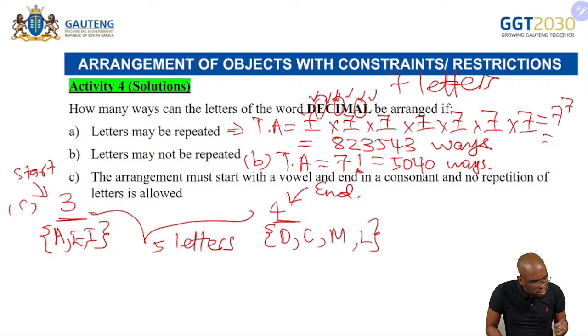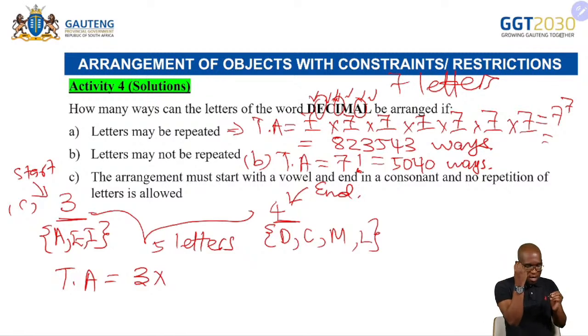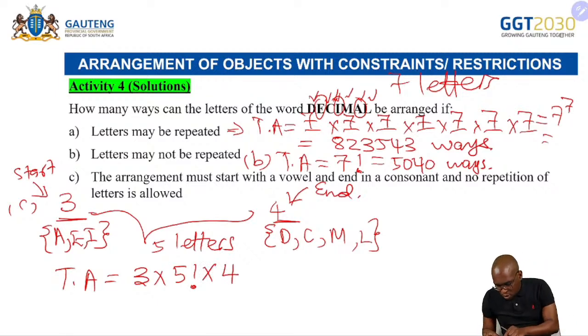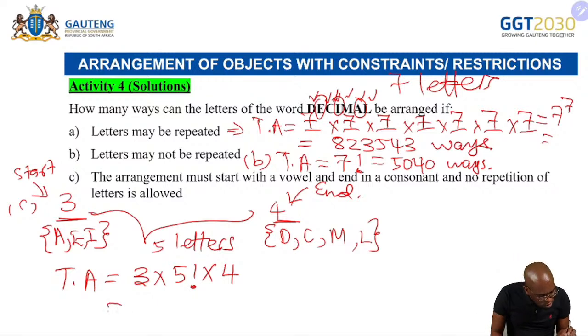To arrange these letters, the total arrangement would be 3 times 5 factorial, because they can interchange positions, times 4 for the consonant. This simplifies to 1,440 ways.